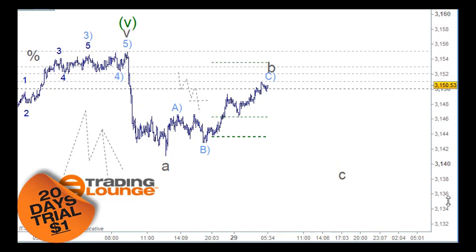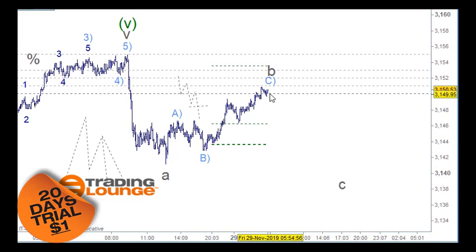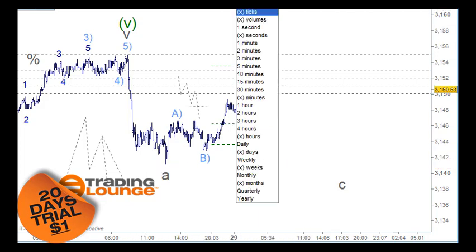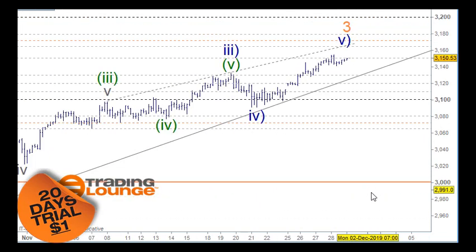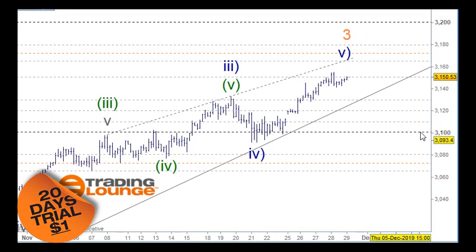And the way that you can tell that it's a wave C is because it will be on more of an angle than wave A here. If it comes down just as sharp or nearly as sharp as wave A here, then it means that we can open it up into the bigger picture, which will drop further down into the 3,100 area through here. The wave 4 of 1 lesser degree at this point.